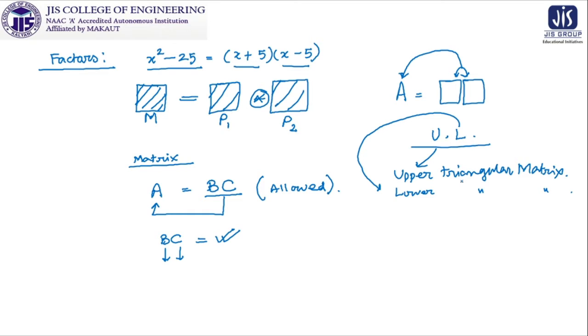In general we denote it as A is equal to LU. So the factorization we are going to learn today is generally called A is equal to LU factorization, or A is equal to LU matrix factorization.